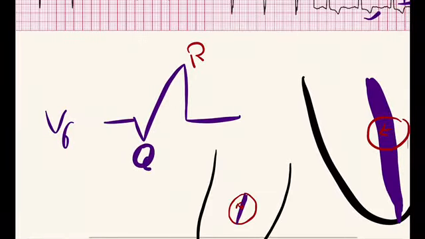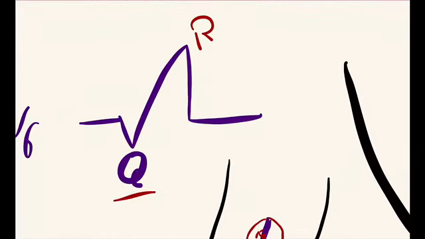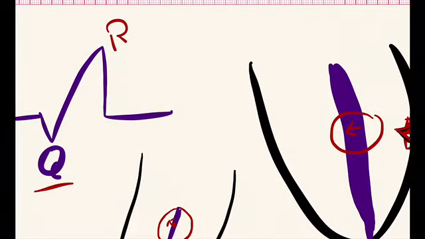So the QRS complex. Okay, now the Q wave is because of septal depolarization. Now depolarization in the septum continues while we depolarize the ventricle. Because of the depolarization of the ventricle, the resultant vector is going towards the V6 lead, and because of this there will be an R wave.